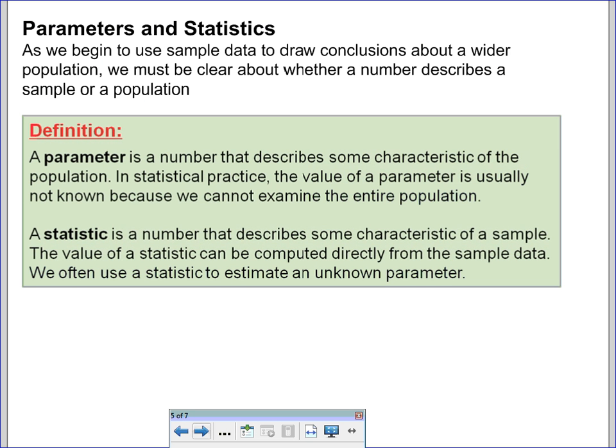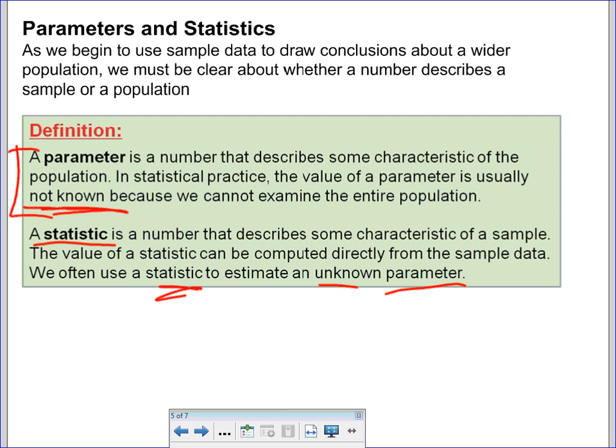So a statistic is a number that describes some characteristic of a sample. The value of the statistic can be computed directly from the sample data, and we'll often use statistics to estimate an unknown parameter. So what is a parameter? Well, a parameter is a number that describes the population. And in real life, we rarely know a parameter. We talked about this earlier in the year, the difference between a statistic and a parameter.